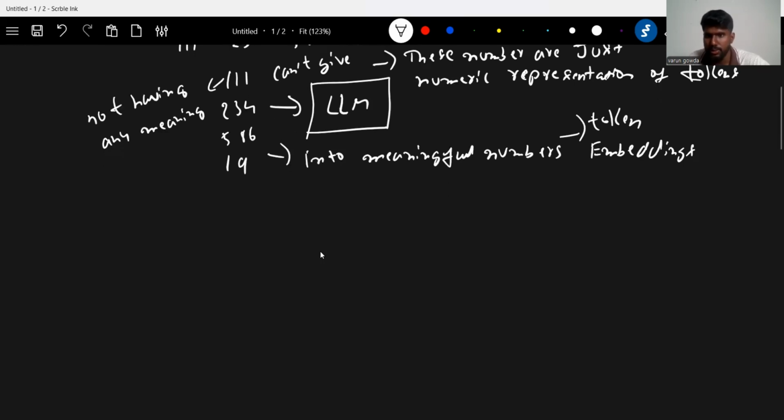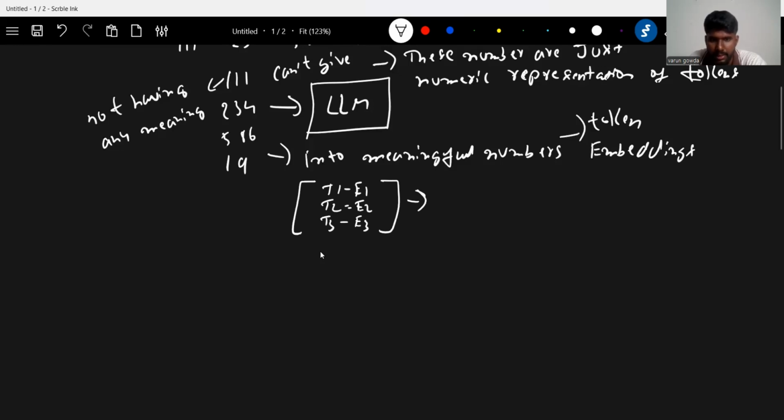One more thing. These token IDs will be present in a matrix. For token ID 1 there will be token embedding 1, for token ID 2 there will be token embedding 2, for token ID 3 token embedding 3, and so on.